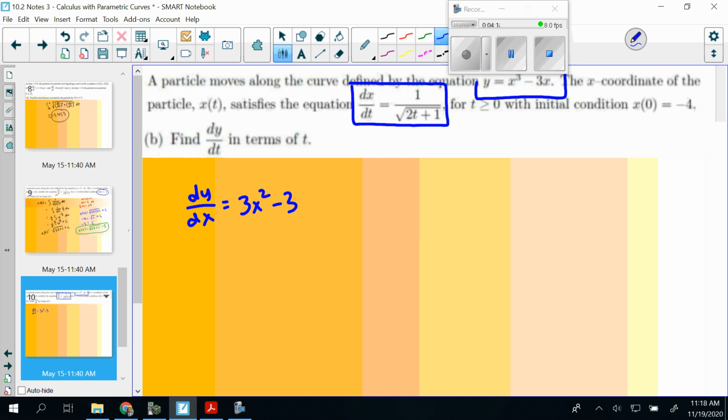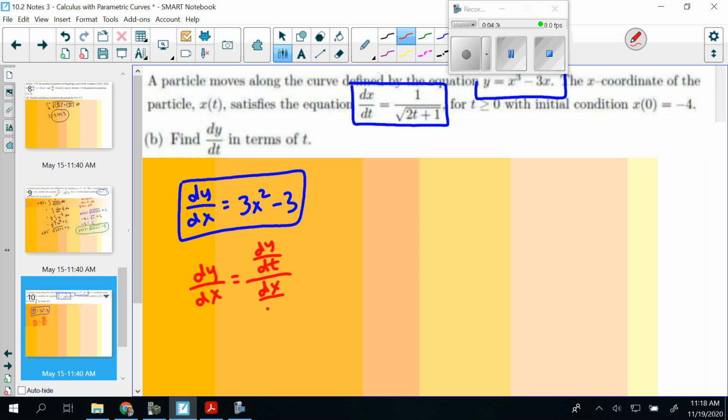Well, how can we use dy/dx and dx/dt to find dy/dt? We use our derivative statement. We know dy/dx is equal to dy/dt over dx/dt. That's our parametric derivative equation.